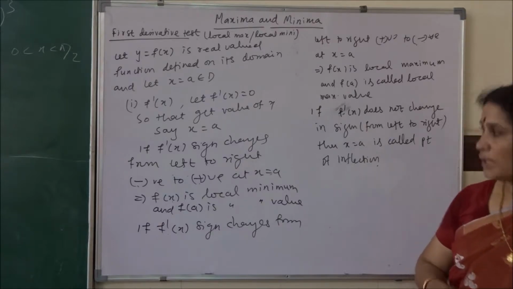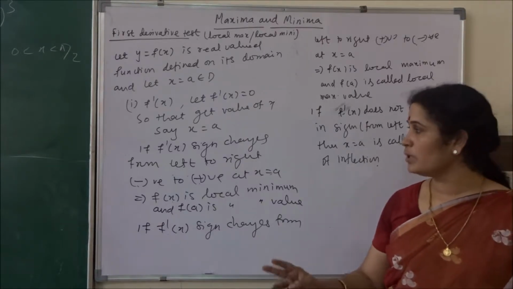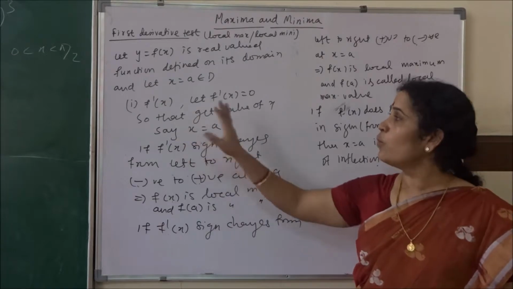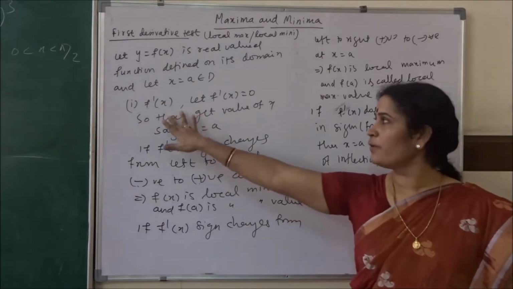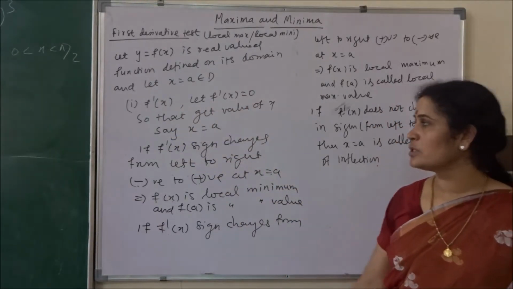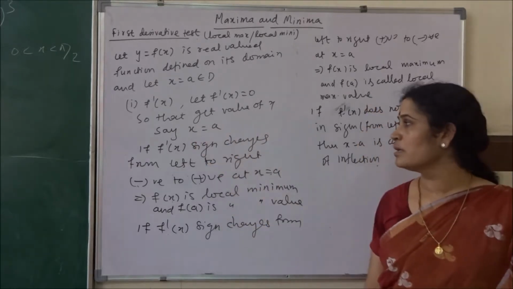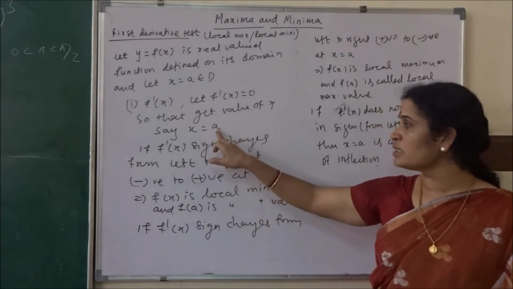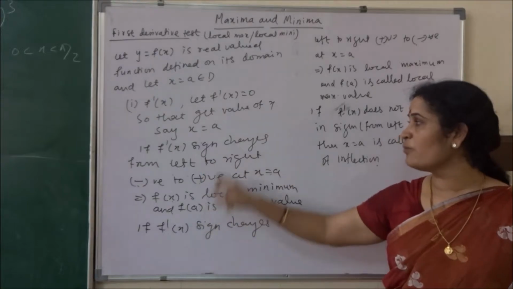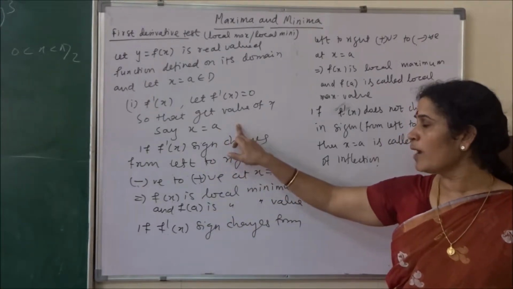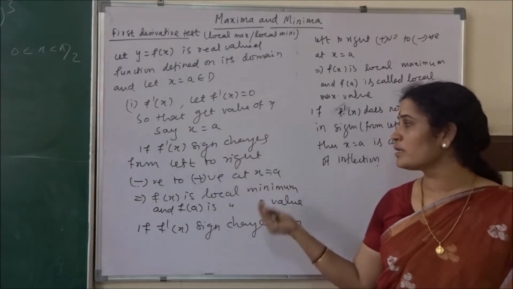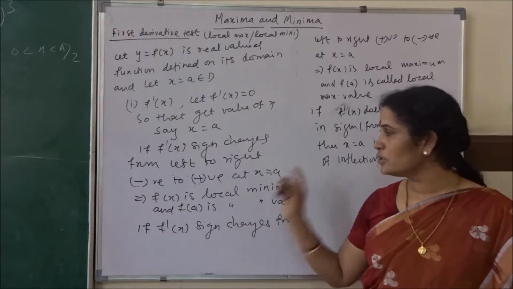Once again, I will give you two examples. Now, what the definition is saying: you find the f dash of x, let f dash of x equal to 0, so that you get a value of x. Suppose here is one value, we are checking at that one value. If you have two values, take the nearest left value and nearest right value and check the sign.